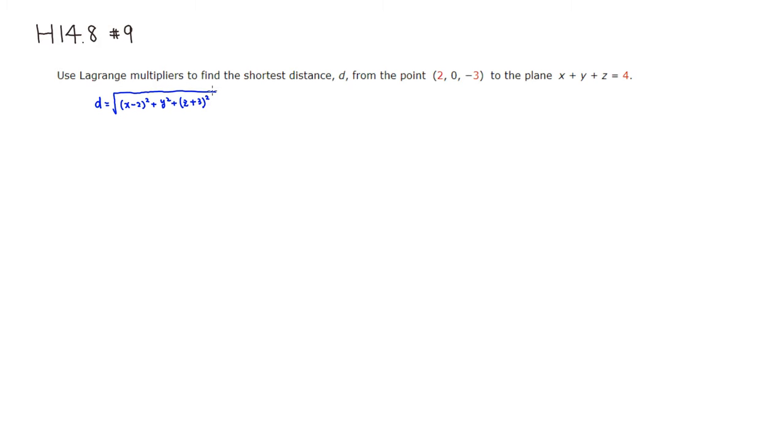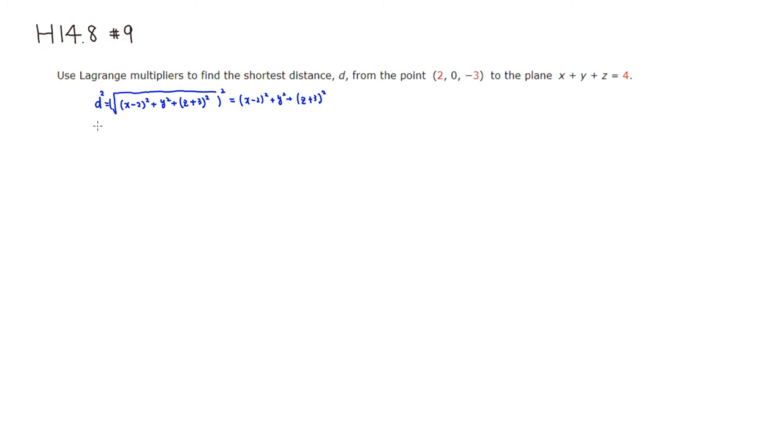Since we don't want to deal with the square root, I'm going to square both sides, so d squared is equal to (x minus 2) squared plus y squared plus (z plus 3) squared. We're going to call this function f.